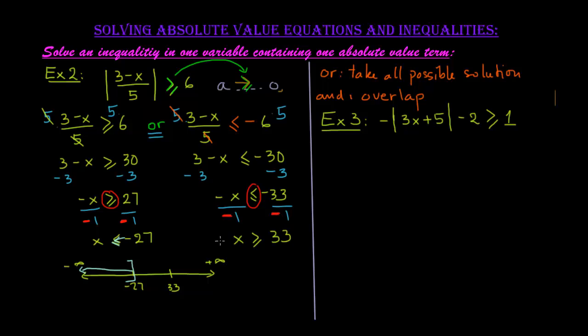Then my next step is to put the tail at 33. That points me to the right side as well, and with the equal to, we will use the bracket to connect them.